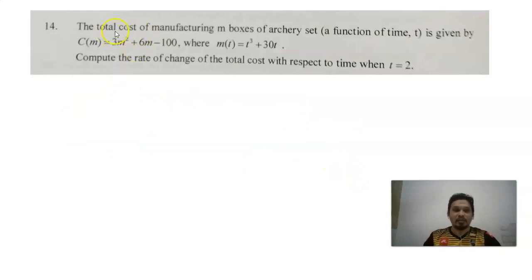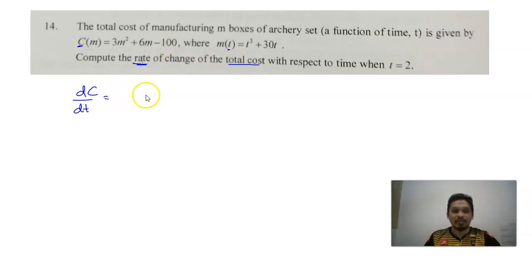Now, the total cost of manufacturing m boxes of acetate is given by this function C, the total cost of manufacturing m boxes, the number of m boxes, with a constraint of time, t cubed plus 30t. Okay, compute the rate of change of total cost, dC/dt.